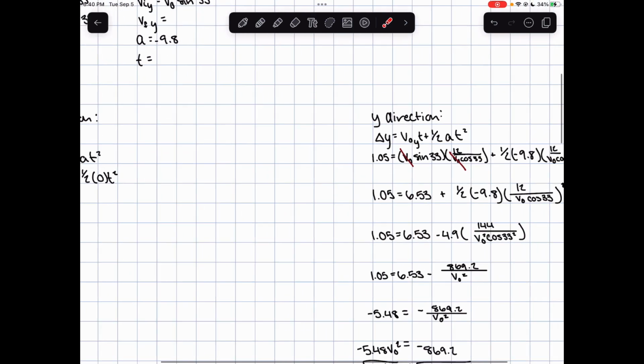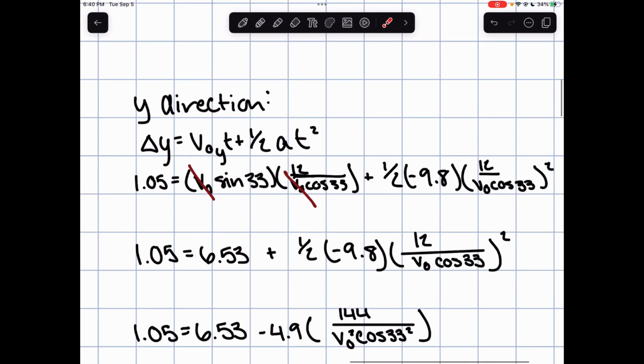But what do we do with this? Well, we're going to substitute it in for time when we go into our equation in the y direction. So now we have change in y equals the initial y velocity times time plus 1/2 acceleration times time squared. We can fill in the change in position. We can fill in the initial velocity.